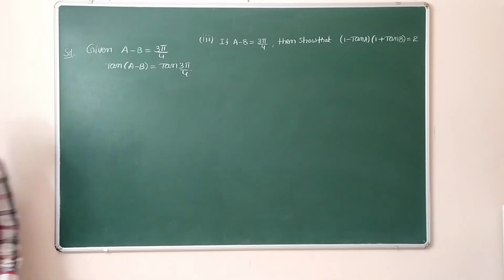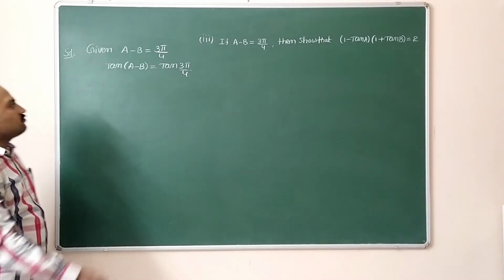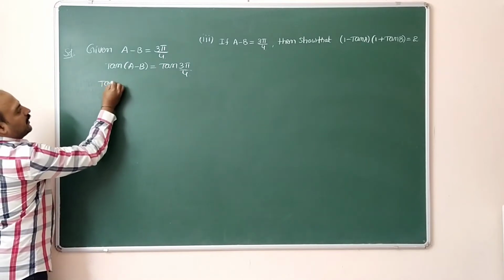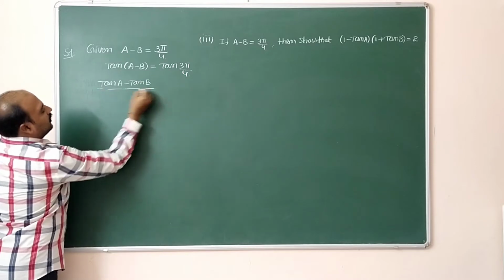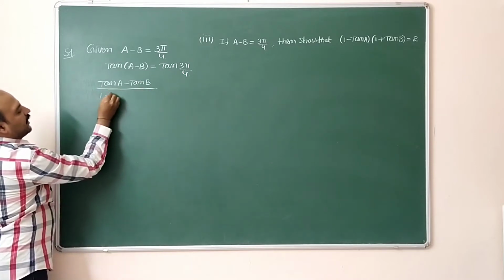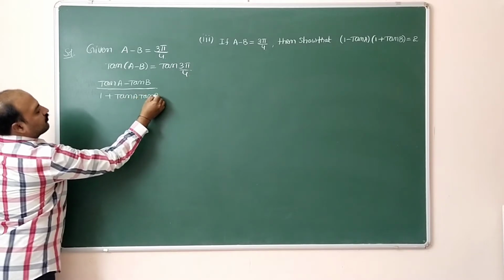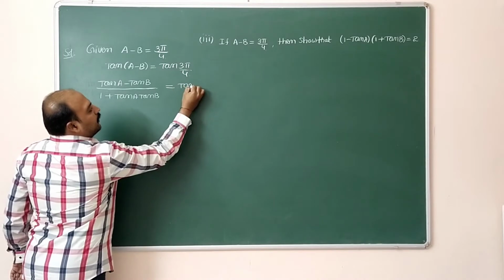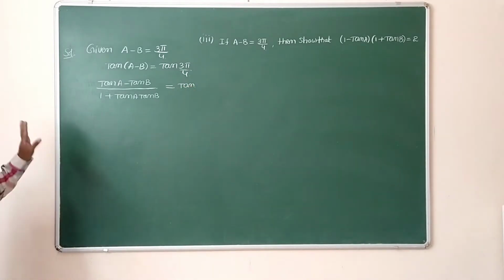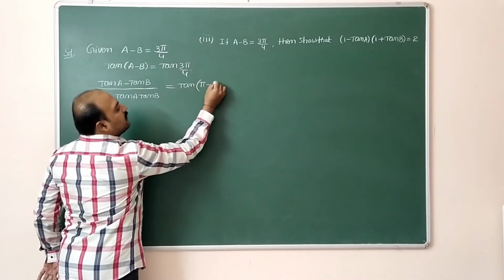What is the formula for tan of A minus B? Tan A minus tan B by 1 plus tan A tan B, which is equal to tan 3 pi by 4. Directly we don't know, so what I am doing is 3 pi by 4 can be written as pi minus pi by 4.